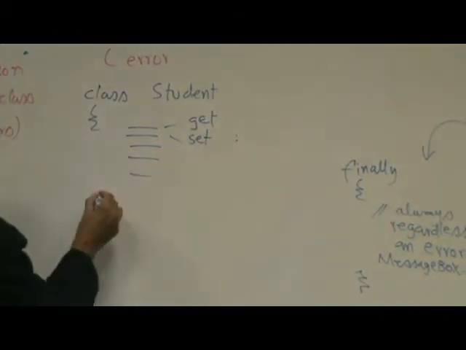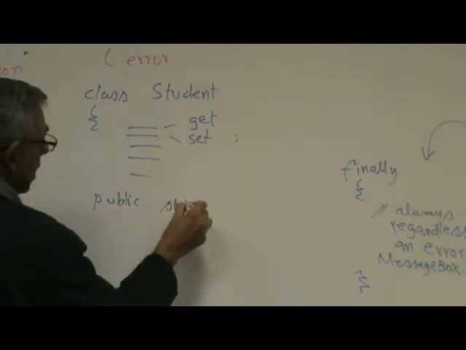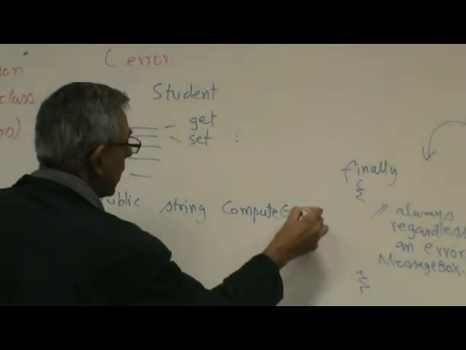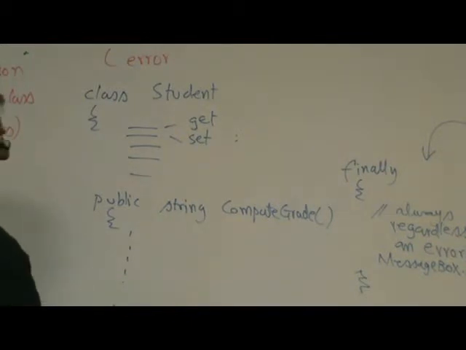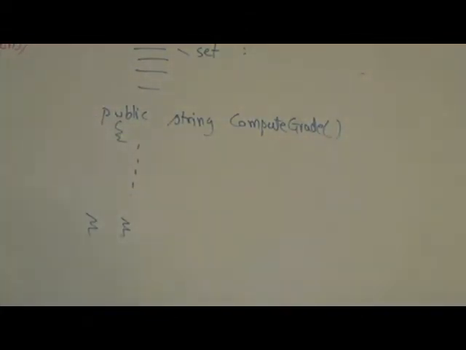Then we write some method over here, public string, let's say ComputeGrade. So from now on, anytime you write a method, unless it's just one line of code, but even in that case, it's always a good practice to surround that code with the try and catch.